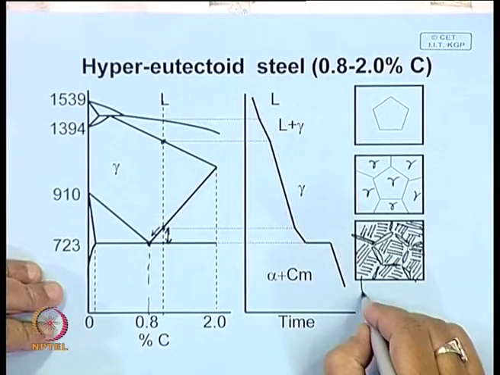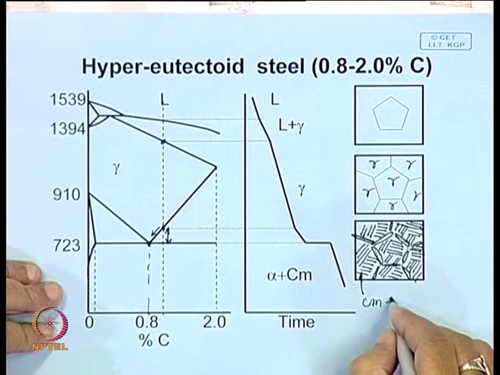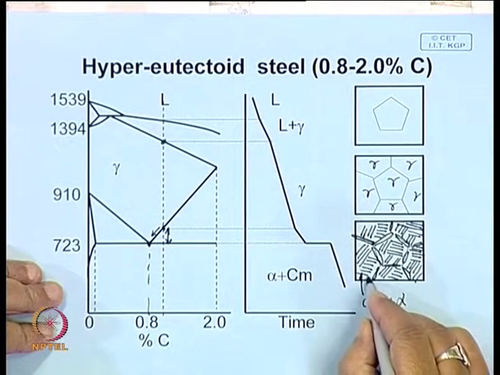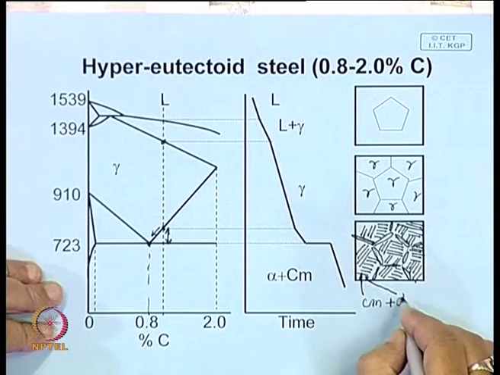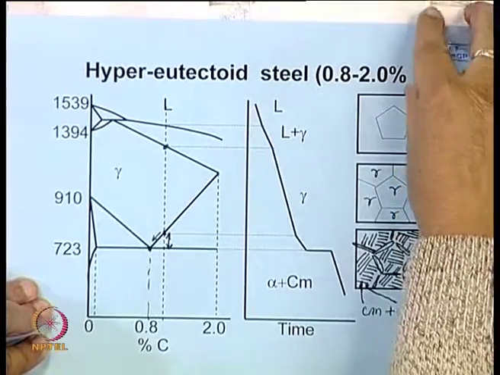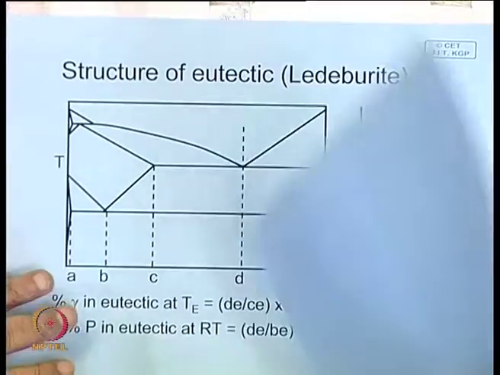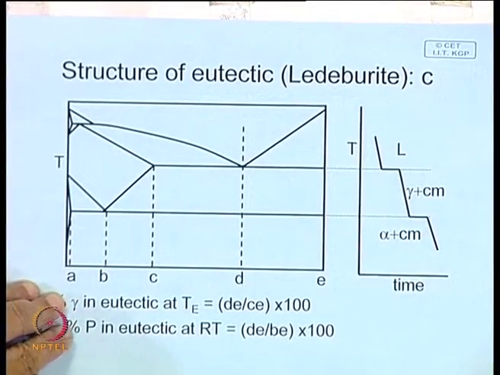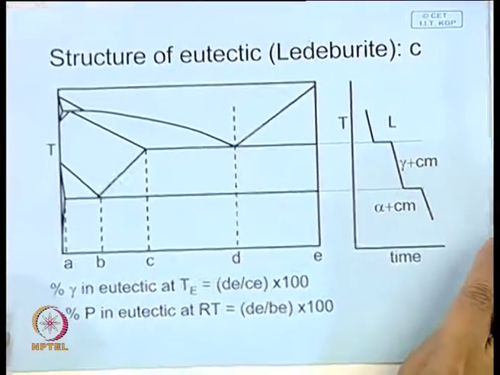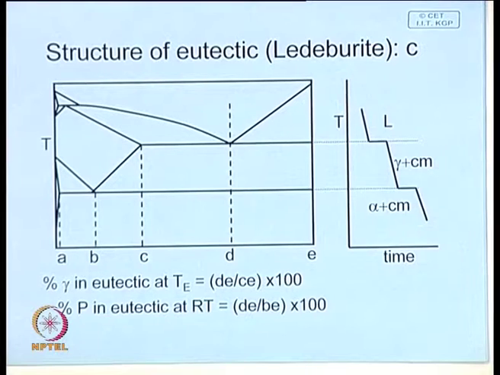This line represents cementite, and that white region represents ferrite. And here also I will leave it to you to calculate the amount of the different phases in hypereutectoid steels.